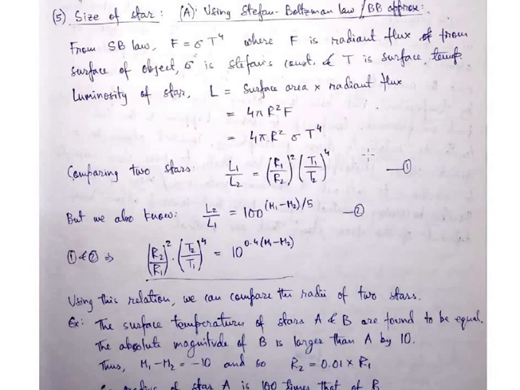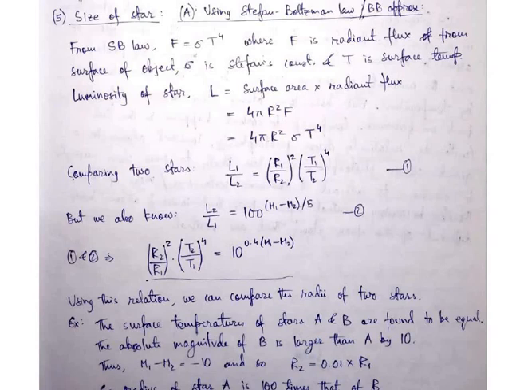But we do know such an expression from our discussion on magnitudes previously. Now if we compare these two cases, then we have got a relationship between radius, temperature and magnitude. So using this relation, we can compare the radii of two stars.